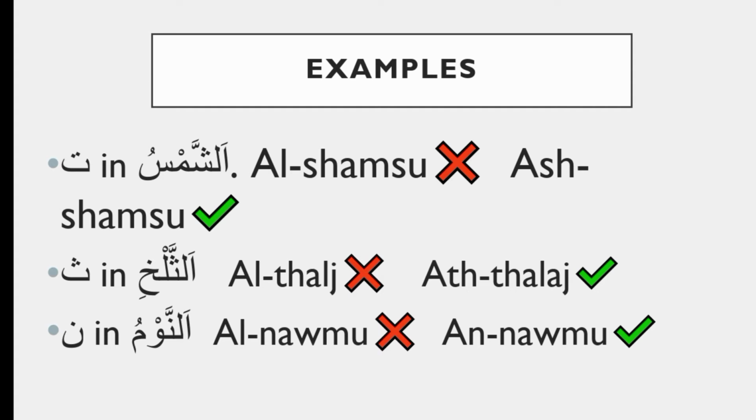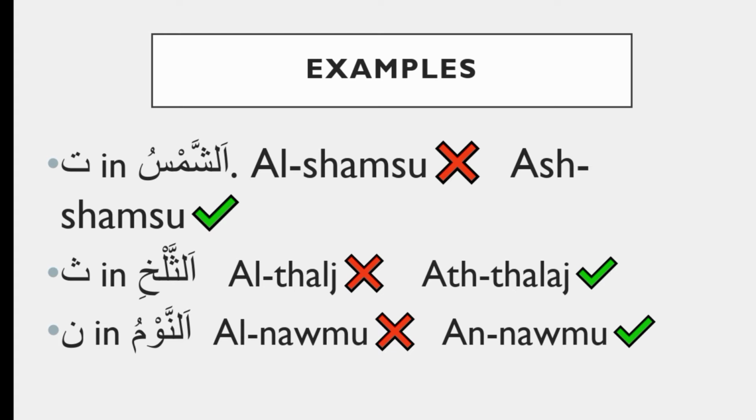The shin takes shidda. And we said that shidda is the combination of the letter with sukun and the letter with a short vowel. So here we have shin sukun and shin fatha. And one thing you should know is that a letter that has shidda can never come after a letter that has sukun.